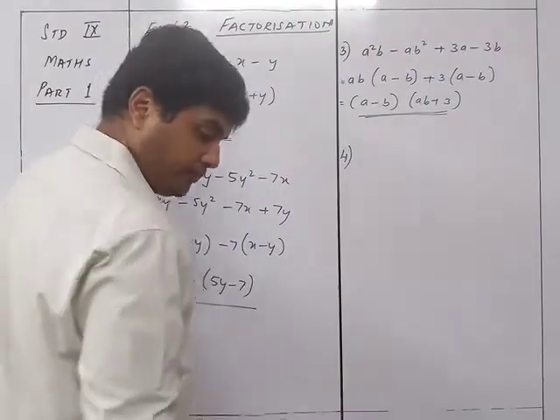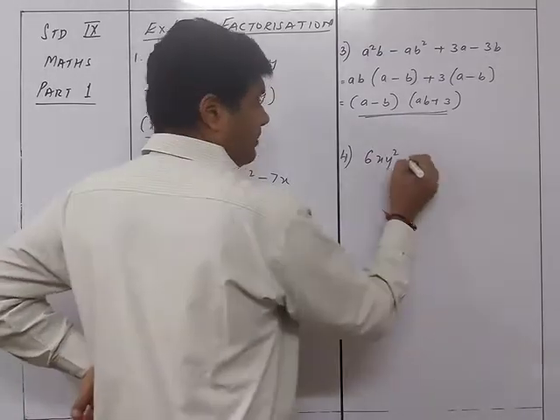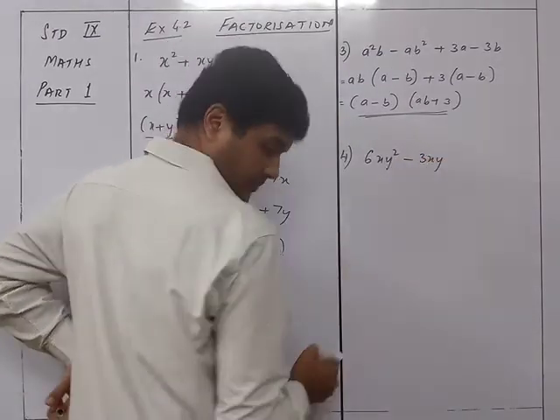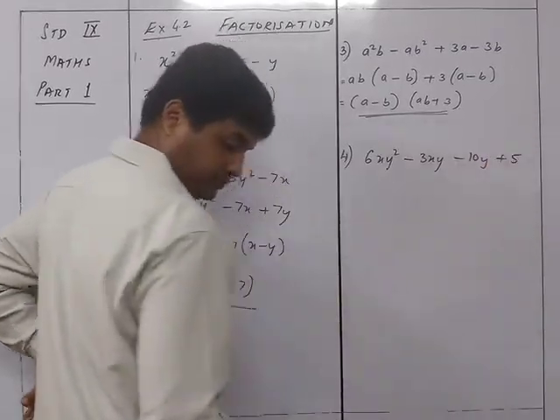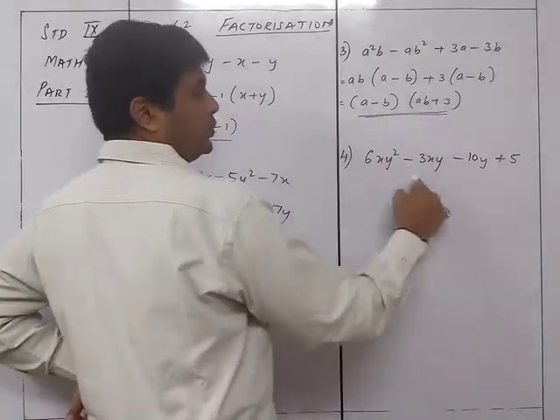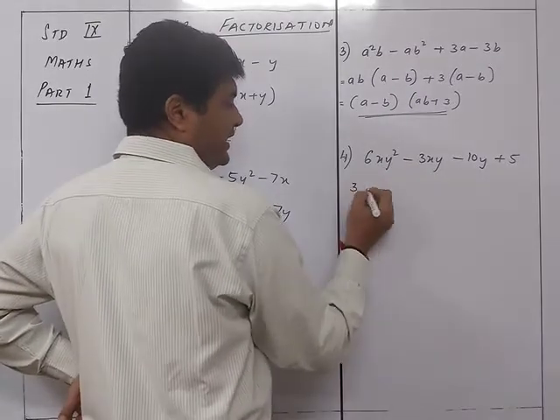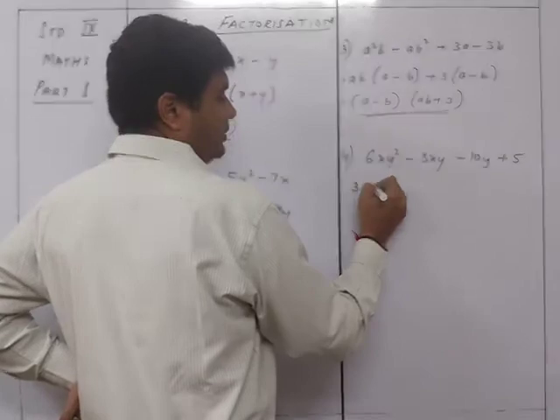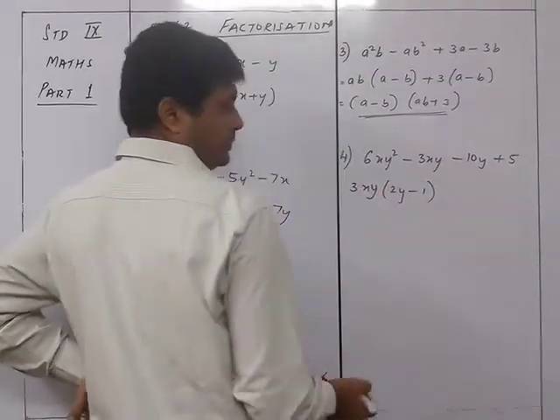Question number 4. 6xy square minus 3xy minus 10y plus 5. So between these two, you can see common is xy and 3. So it is 3xy common. What will remain will be 2y over here and minus 1 over here.